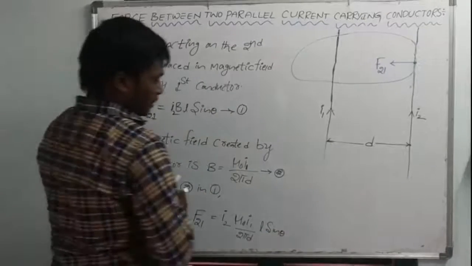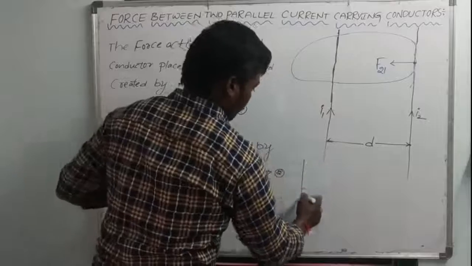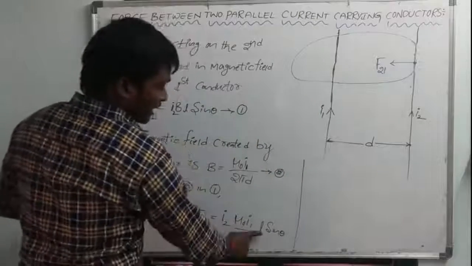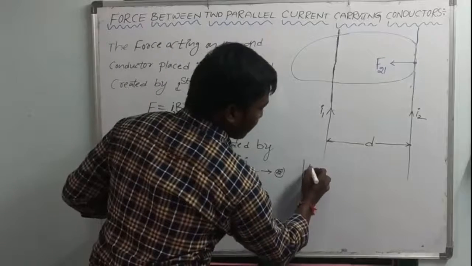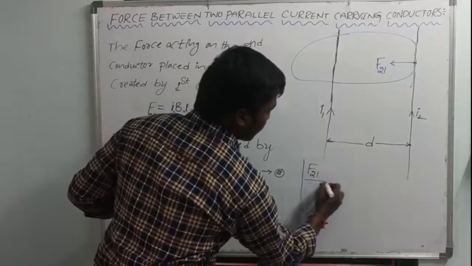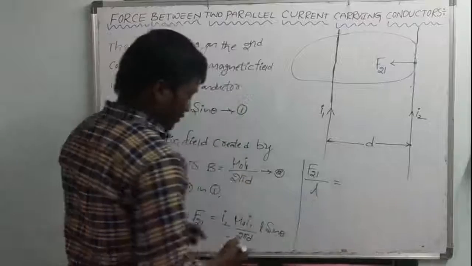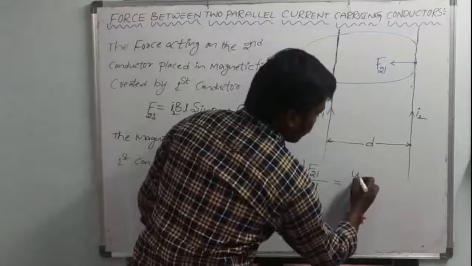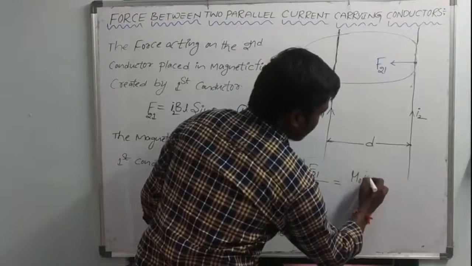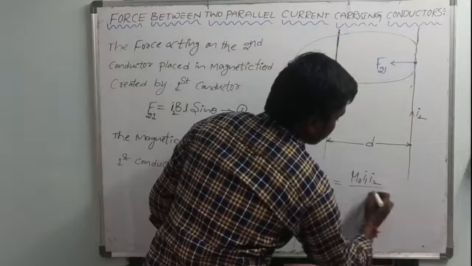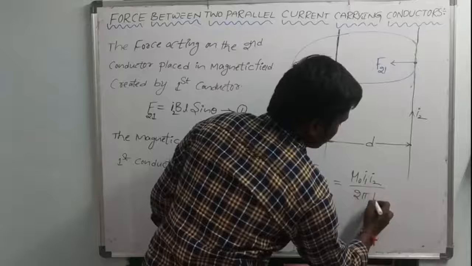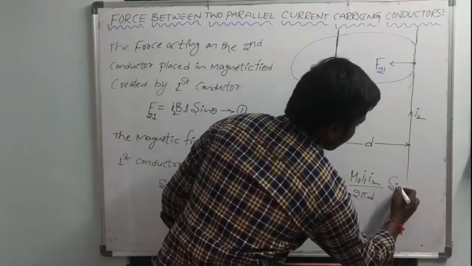Then after that I am sending this L value to the left hand side. F21 by L is equal to mu naught I1 I2 by 2 pi d into sin theta.